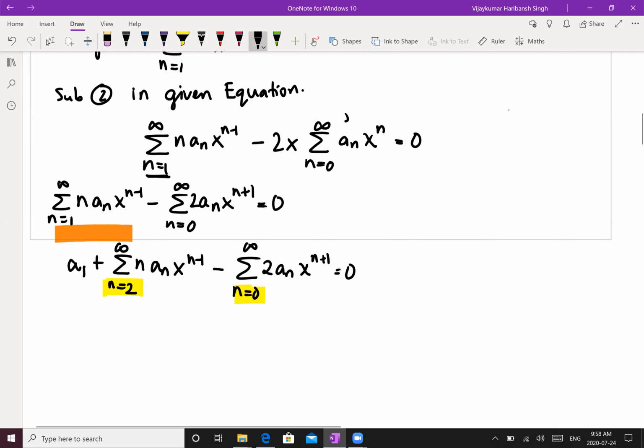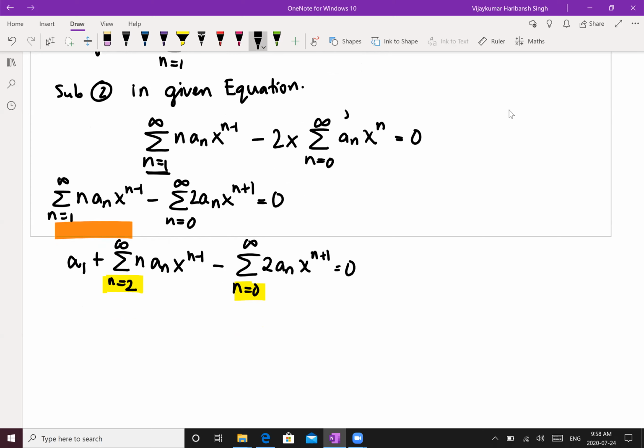This same series can be written as a_1 for the first part, and then we can write this as summation i equals 0 to infinity, where i is equal to n minus 2.